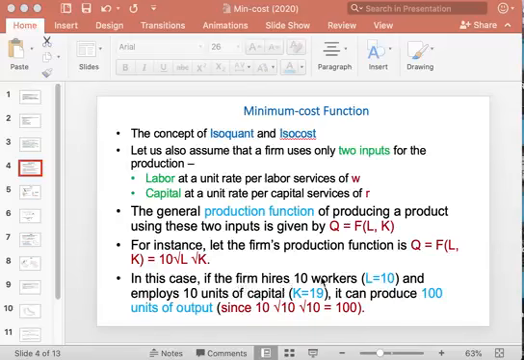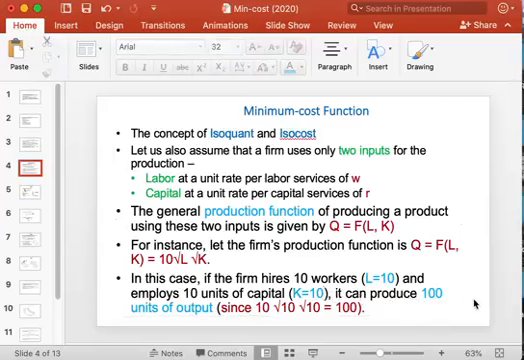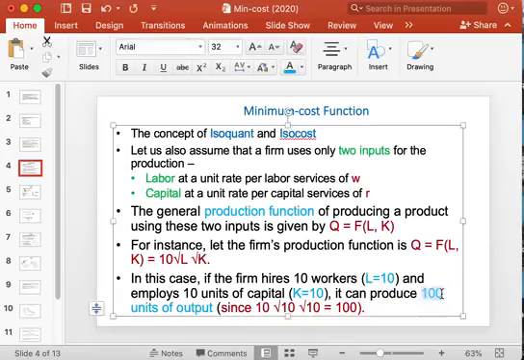If the firm uses 10 workers, which means L is equal to 10, and employs 10 units of capital, which means K is equal to 10, then if you replace the values of L and K in this formula, you will get the output: 100 units.